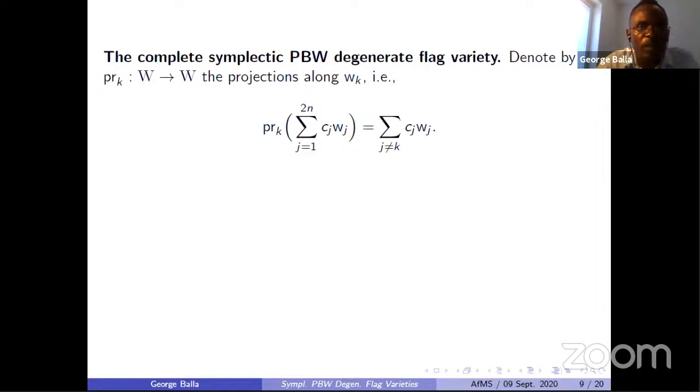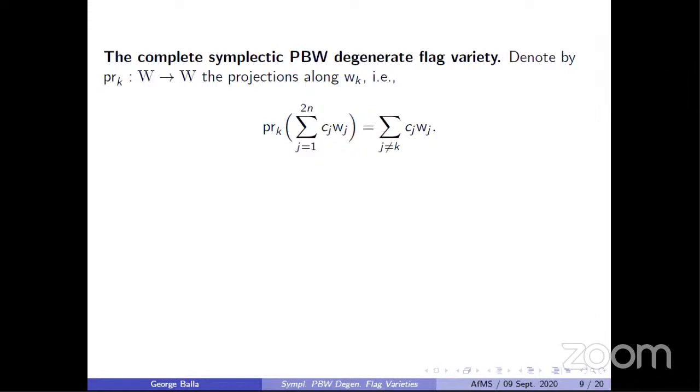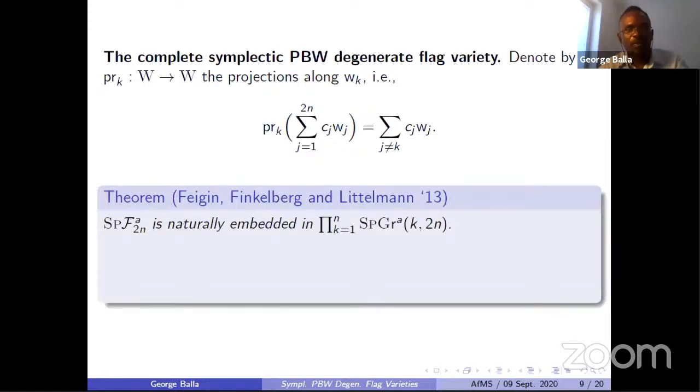For these ones, we project along one coordinate, so we are just killing one coordinate and keeping the rest. In the same paper by the same authors, they proved again that this degenerate variety is naturally embedded in the product of degenerate symplectic Grassmannians.